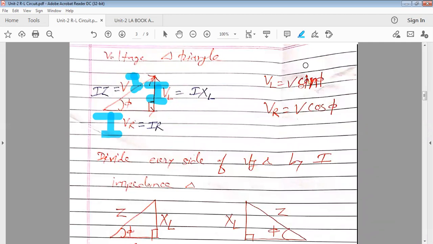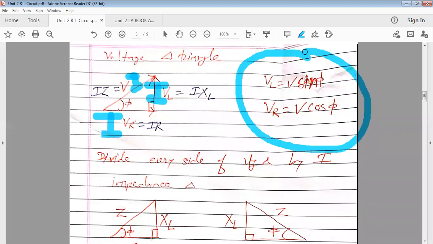And what is the formula of VR and VL? VL is what? V sin phi. VR is what? V cos phi. Put it here. Along this positive real axis, it's VR into I, nothing but VI cos phi. Isn't it? Along positive imaginary axis, it's I into VL, so you will get VI sin phi. And along diagonal, VI.